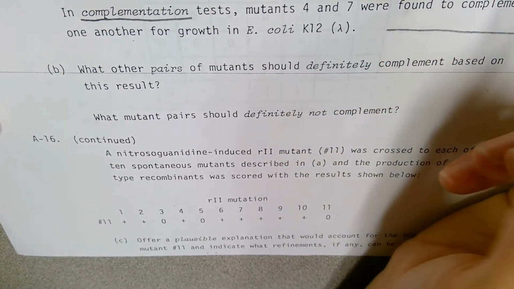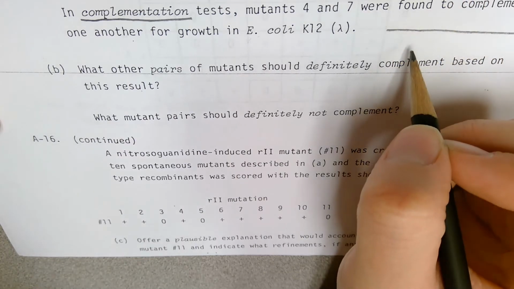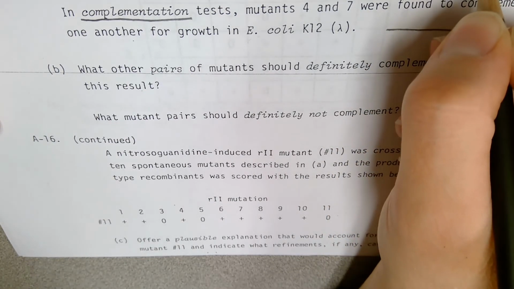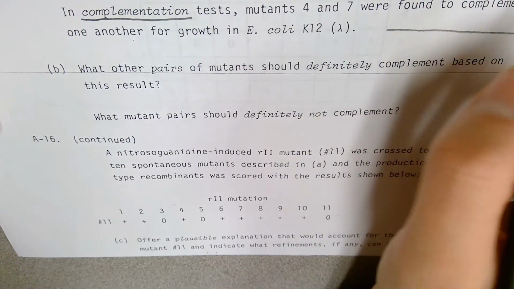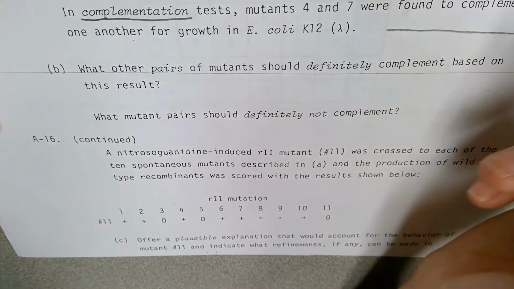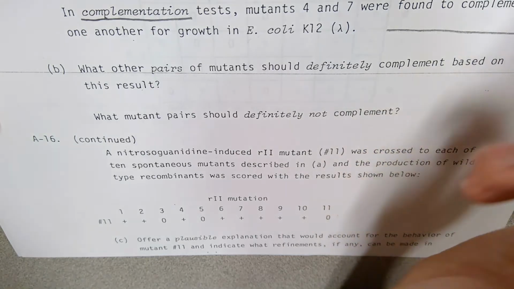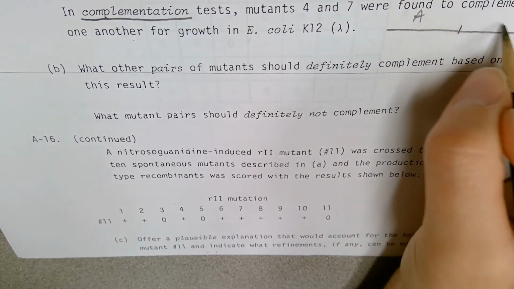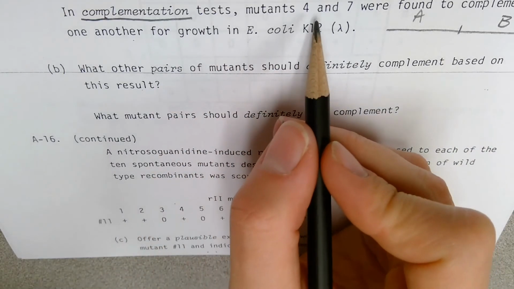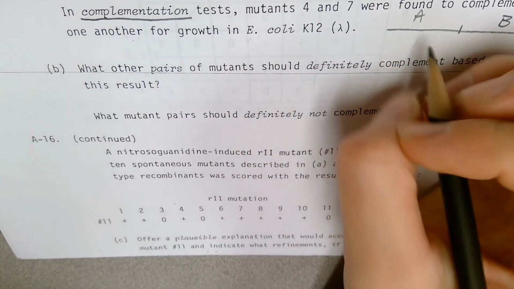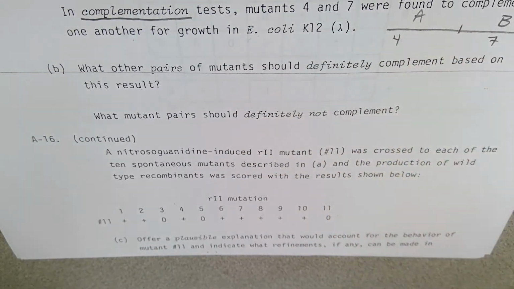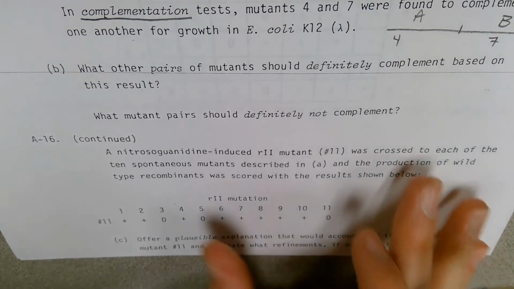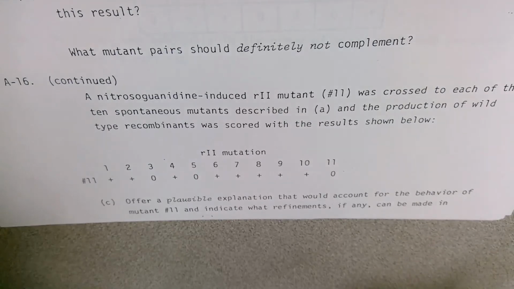You can have recombination in the same gene, and that will affect the function of the gene, and that's usually what we're talking about. But in this case, we're talking about different genes. And so if 4 and 7 can complement, then 4 and 7 must be in different genes, is essentially how this works.